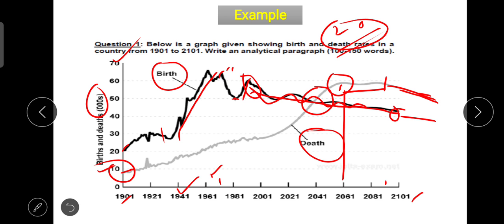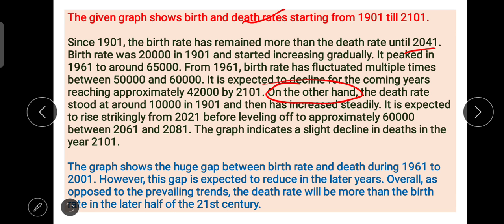And then it shows steady growth up to this point, keeps increasing by and by. It's expected to rise strikingly from 2021 before leveling off to approximately 60,000 between 2061 and 2081.